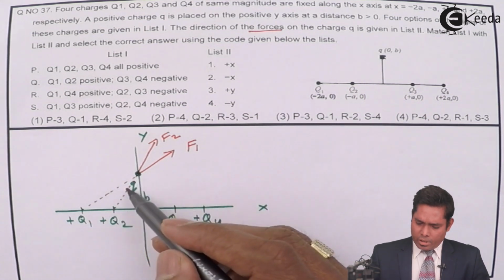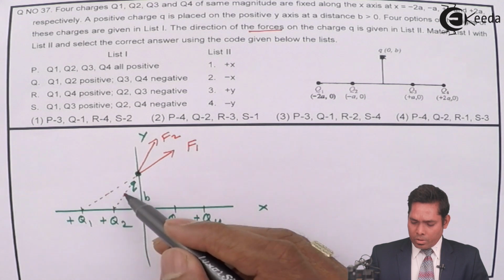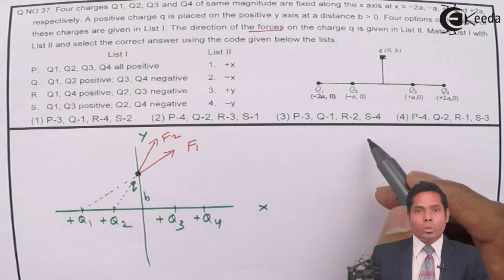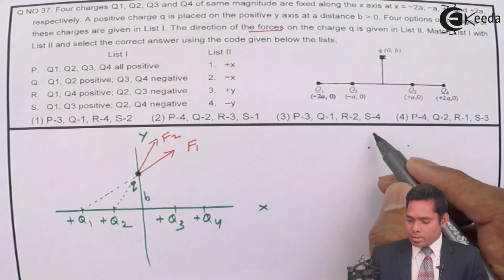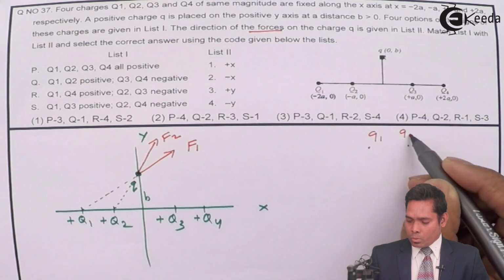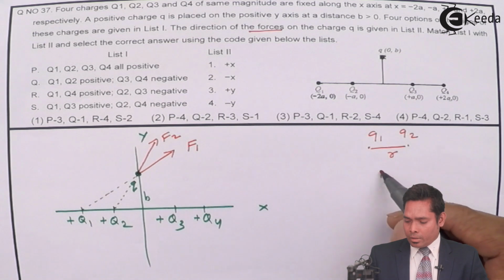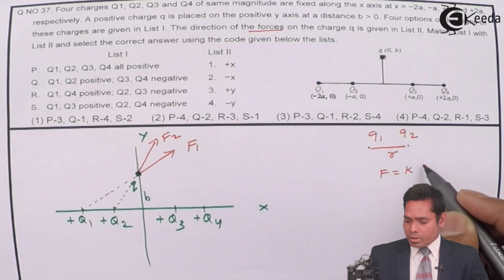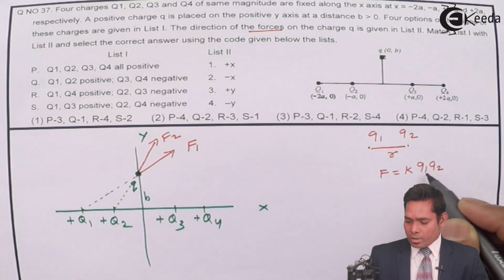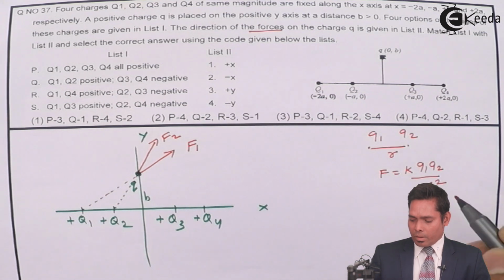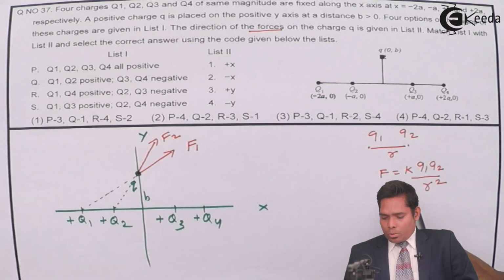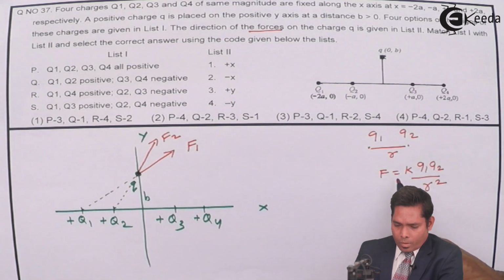We know by Coulomb's law that if there are two charges Q1 and Q2 at distance R, then the force is a constant times the product of charges divided by the distance squared.